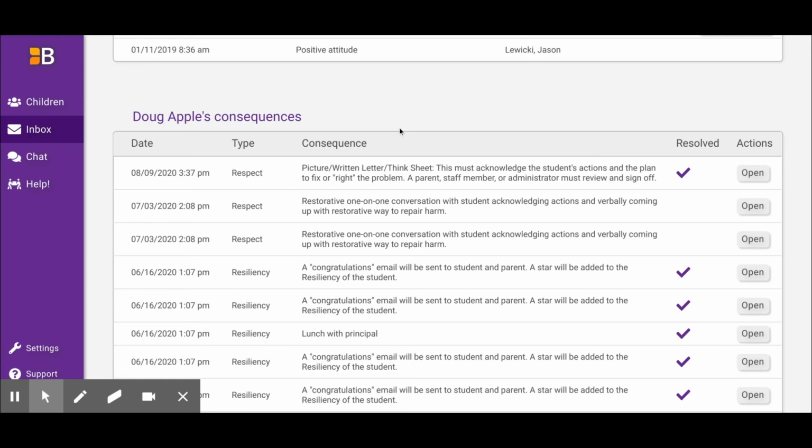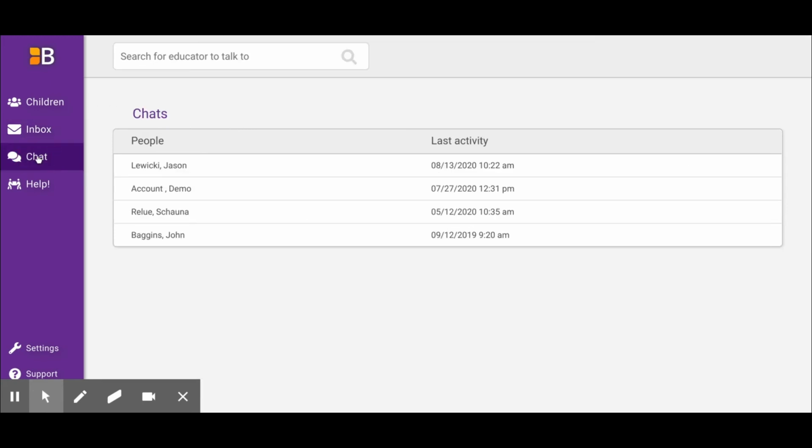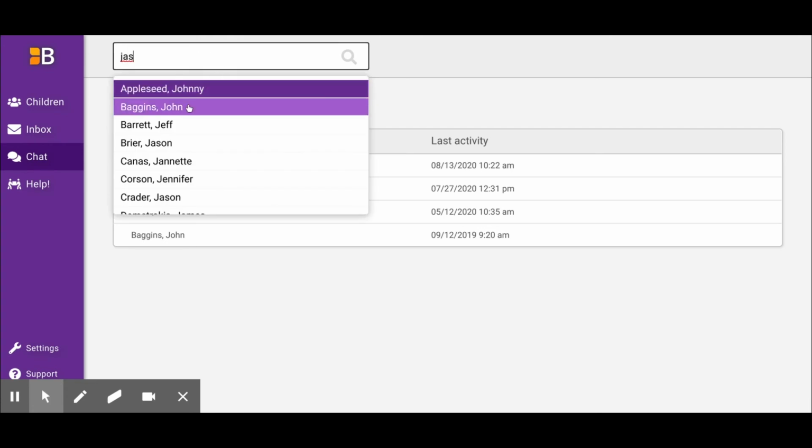Now, another great feature with our app, and if your school has this on, some schools might choose not to have the chat feature on, but if they do, I can actually start a conversation with the teacher. So I can look for Jason, who's my child's teacher.